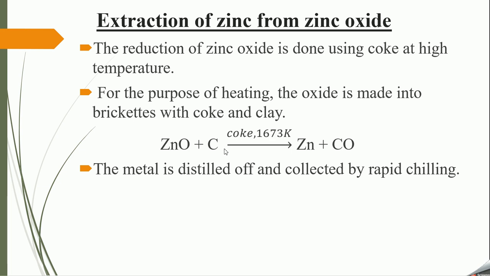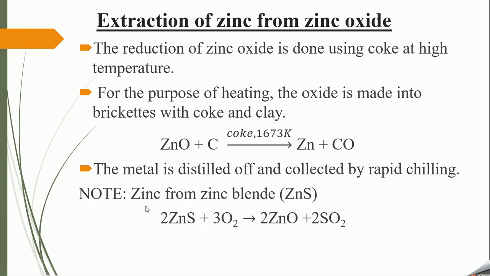Now, if you are going to extract zinc from zinc sulfide, that is zinc blende, then what is the procedure involved? Let us see. So now you are going to study extraction of zinc from zinc blende, ZnS. Zinc blende is obtained from the earth's crust, and it is crushed, concentrated by the flotation method, and roasted.